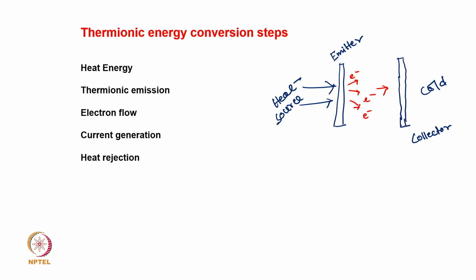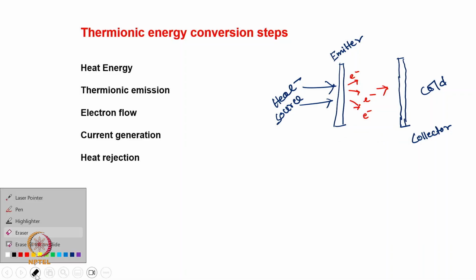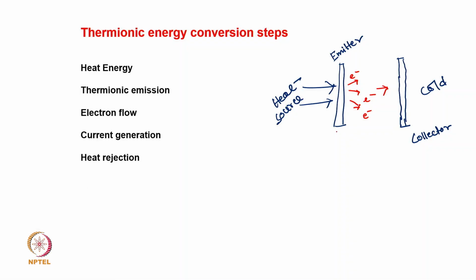Then if I have a circuit like this with a load R L here, one can generate a potential V across this load, because the electron will again find a path here in the opposite direction. And this gives a voltage.